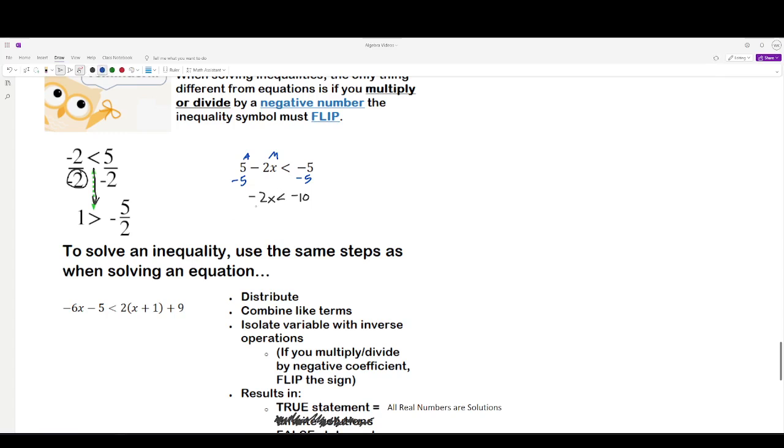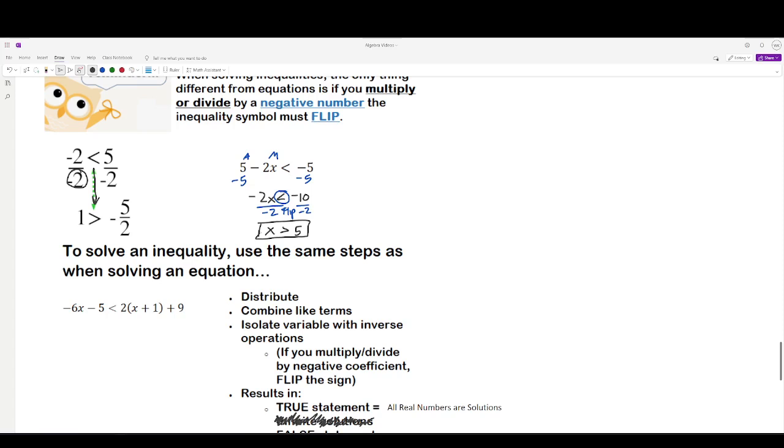And then the next step is to divide by -2 on both sides in order to get rid of that coefficient. But in this case, since we divided by a negative in an inequality, we need to make sure we flip this sign the other way around. So now we have x is greater than +5, and that is our answer.